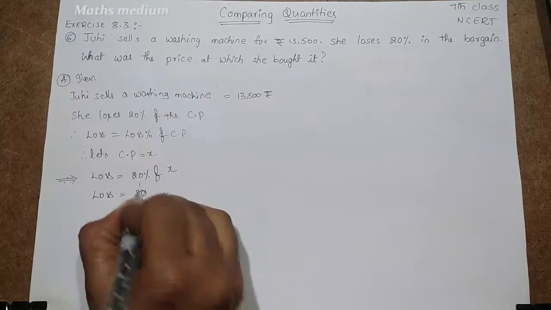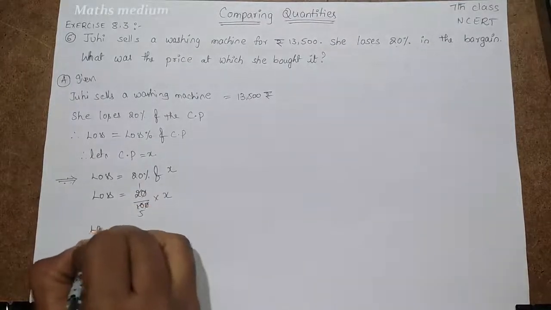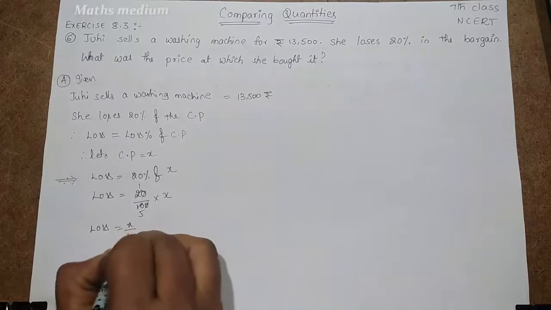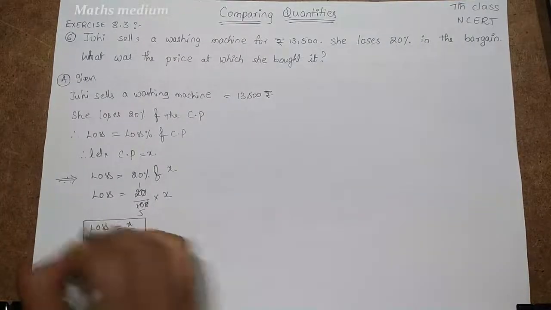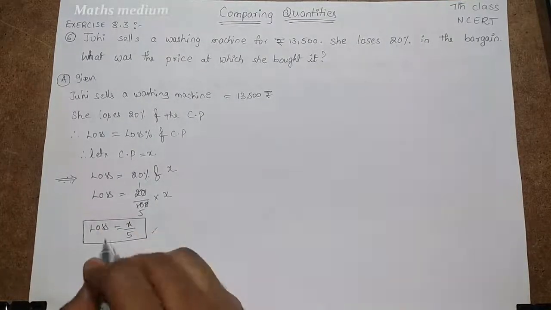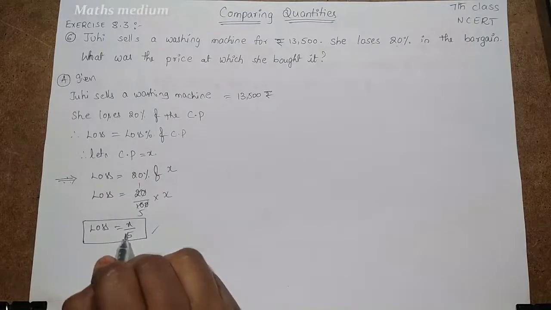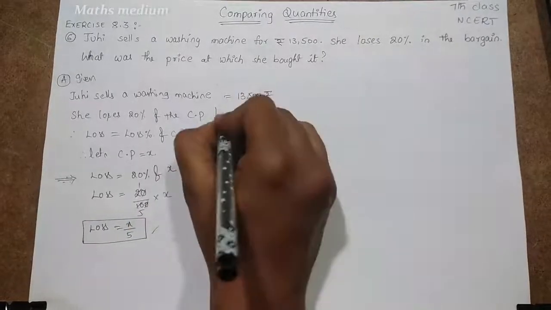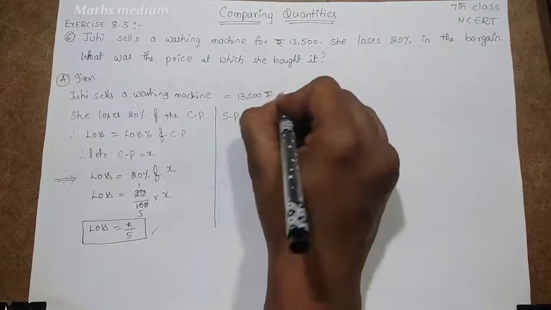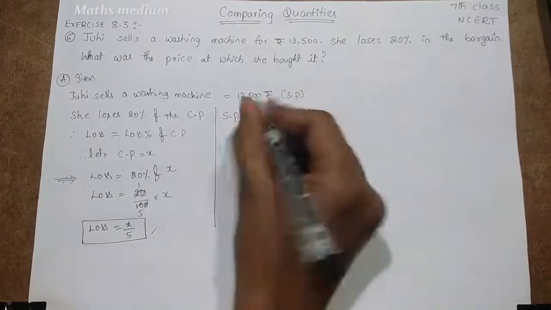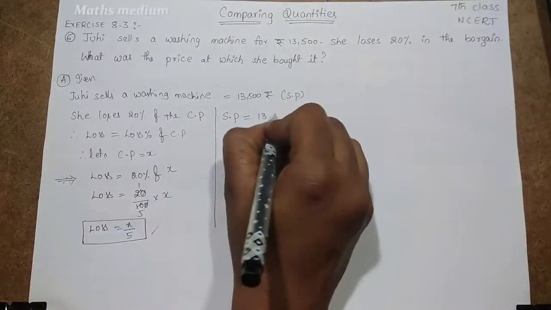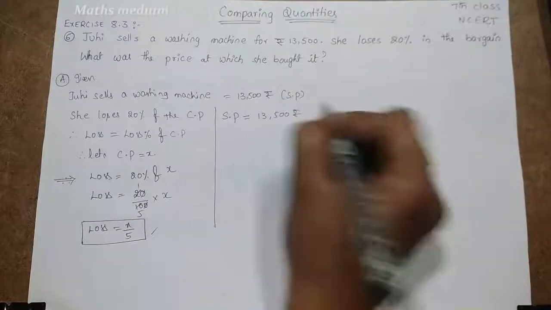2 ones are 2, 5 2s are 10. It means loss is equal to X by 5. So now loss is equal to X by 5. Now we know the SP, selling price, is equal to 13,500 rupees.